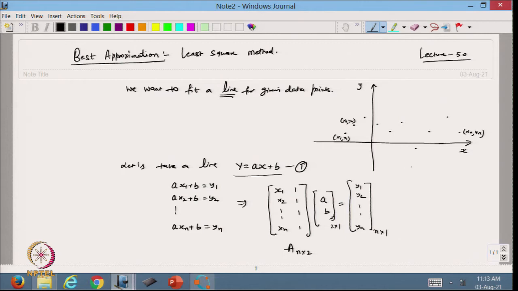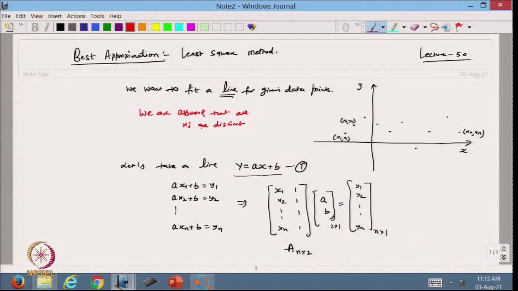Now, we are assuming here that all xi's are distinct.